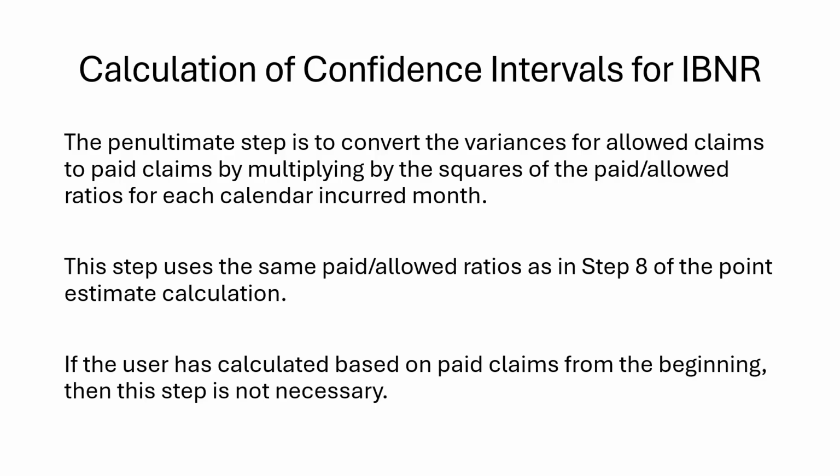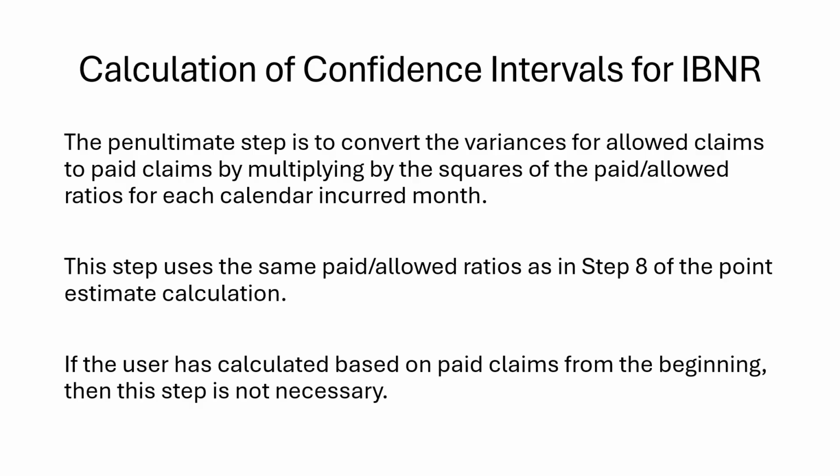Before the monthly PMPM variances are combined to get the total variance, the monthly variances are converted from an allowed basis to a paid basis by multiplying the individual monthly PMPM variances by the squares of the monthly paid allowed ratios from step 8 of the point calculation method shown previously.